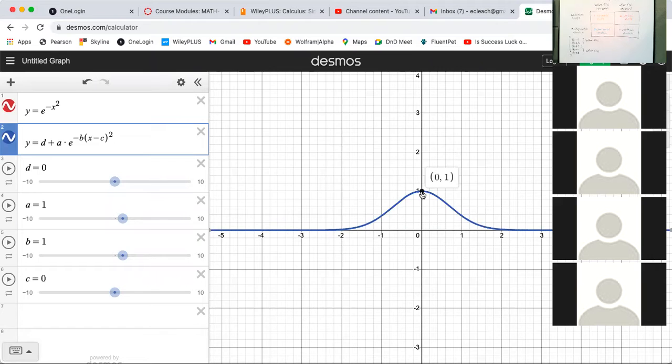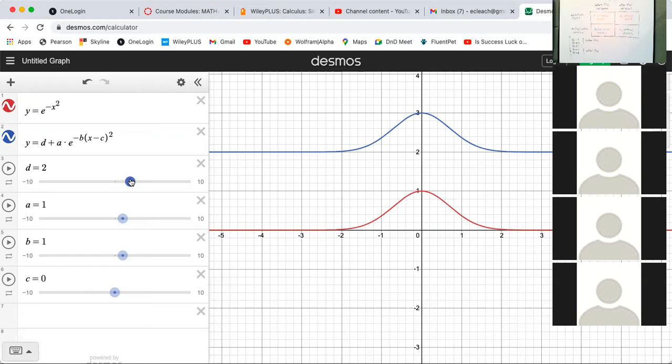When I do a vertical addition, if I change d to, let's say, 2, the horizontal asymptote is now at 2 and my maximum is at 3. So there's been no vertical stretching in my function.